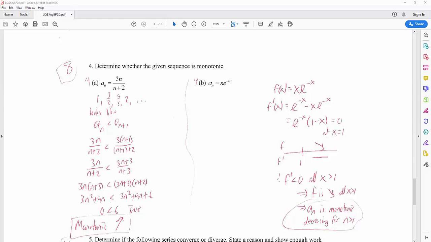I only care what's happening to the right of 1. And to the right of 1, the derivative is always negative, which means the function is always decreasing. And if the function of the reals is always decreasing, that means the function of the positive integers, a sub n, is too decreasing.